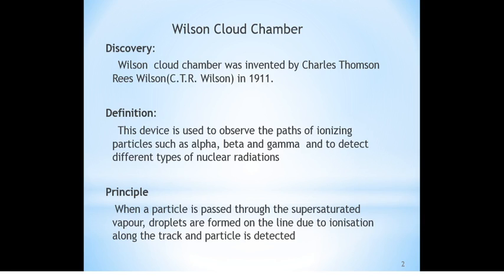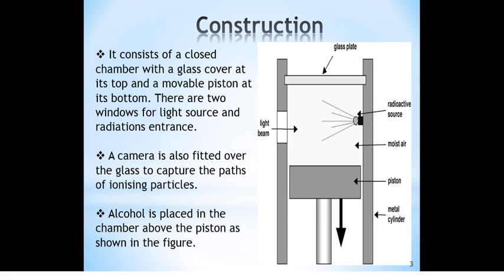Let's move in detail. So this is the construction part where you can see a chamber which is closed. So it is a large airtight cylindrical chamber with walls. You can see both the walls here, and the ceiling is made up of glass.